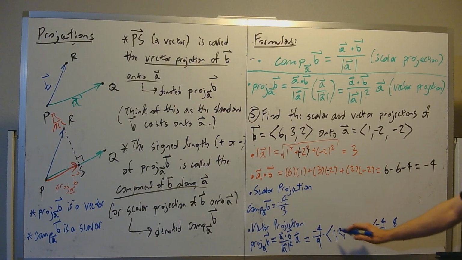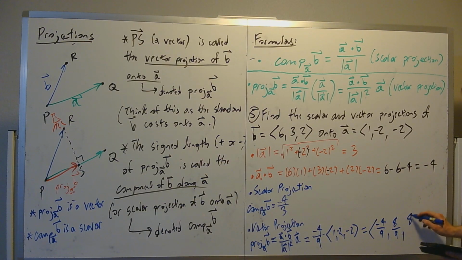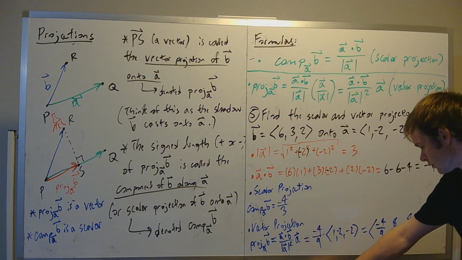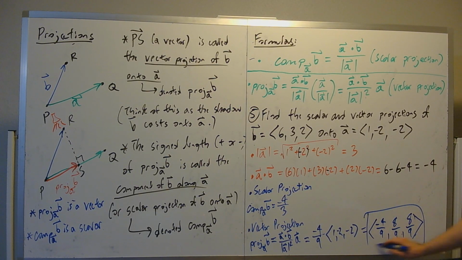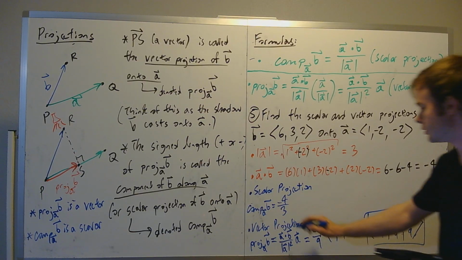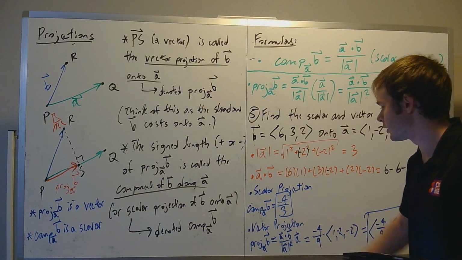And the third component, negative 2 times this, is also going to be positive 8 over 9. And that would be our answer. Sorry, let me clean this up a little bit. Okay, that would be our answer. So that's the vector projection, and our scalar projection was negative 4 over 3.